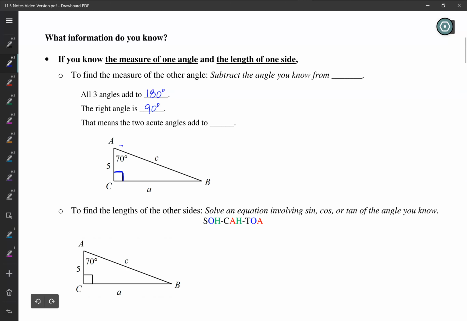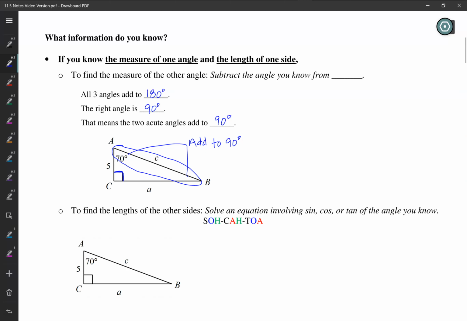So these two right here, if that one's 90, these two have to add to 90. Because the right angle's 90, so the other two have to add to 90.